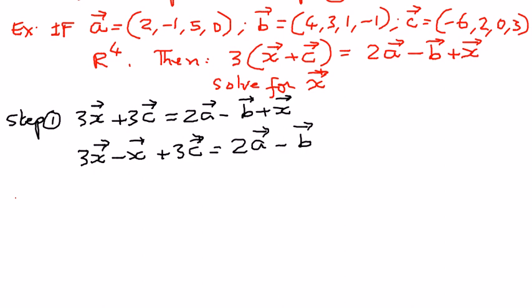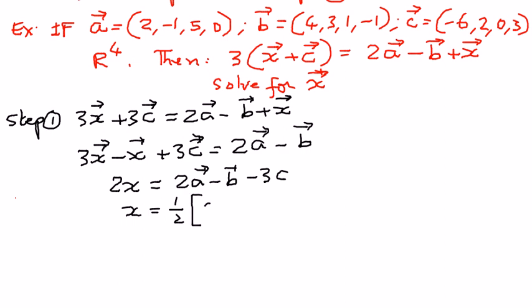So 3x minus 1x will be 2x, and then if we subtract 3c on both sides, it is going to be 2x is equal to 2a minus b minus 3c. Since we want to find the value of x, we're going to divide by 2 on both sides, so it becomes 1/2 of 2 vector a minus vector b minus 3 times vector c, like that.